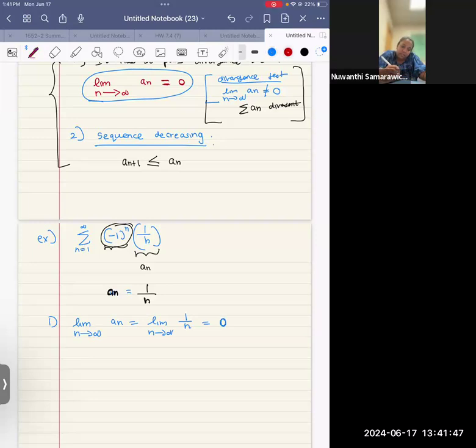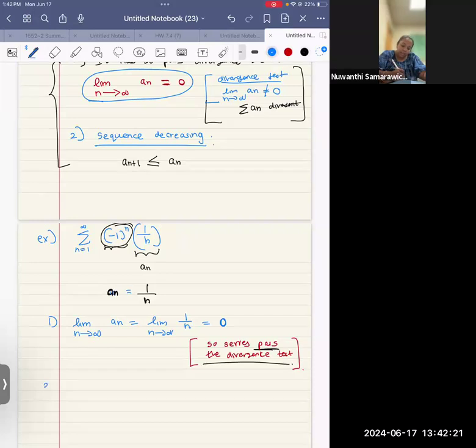So the series passes the divergence test. Because if this is not equal to zero, then we can say the series is divergent. But since this limit is equal to zero, this passes the divergence test.